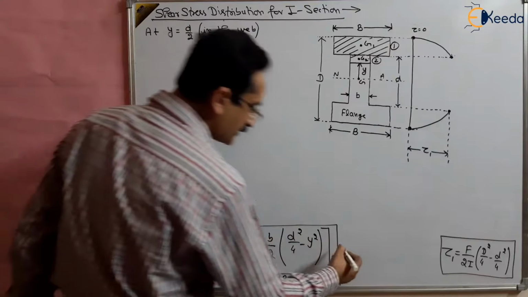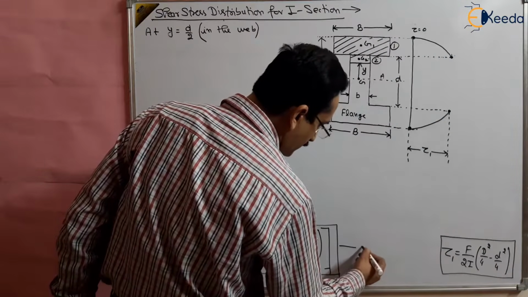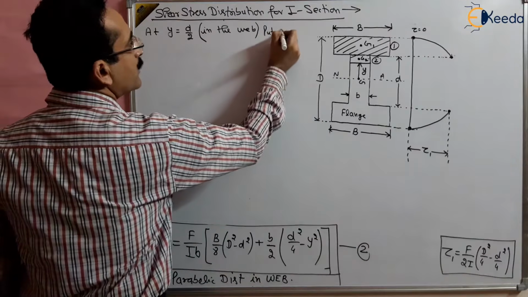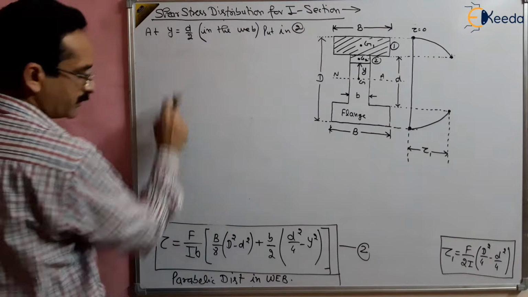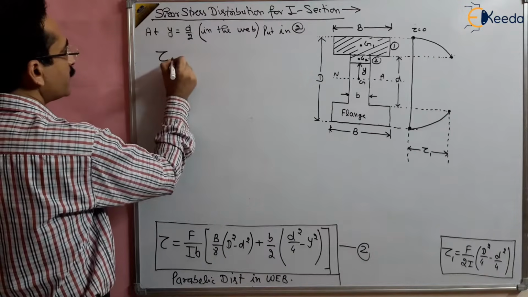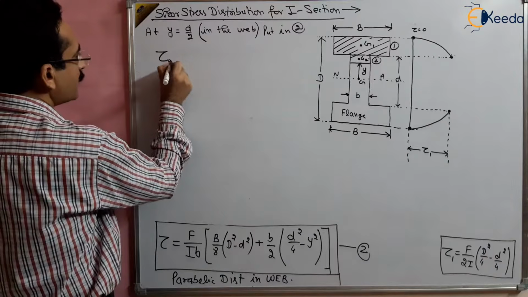Put in this equation, suppose this equation is number 2. So put the value of y is equal to d by 2, and you will get the tau at the web. Suppose this is tau 2.